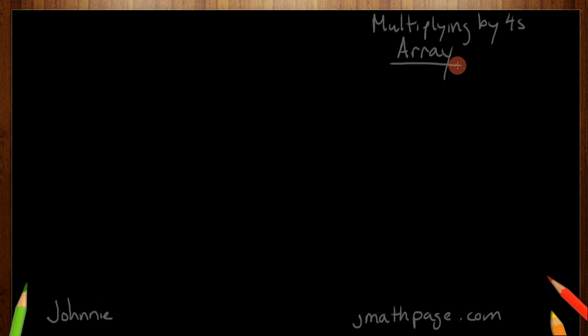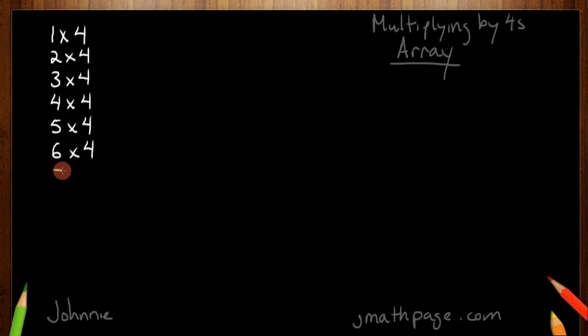Right? So maybe you've seen something like this. 1 times 4, 2 times 4, 3 times 4, 4 times 4, 5 times 4, 6 times 4, 7 times 4, 8 times 4, 9 times 4, and 10 times 4.